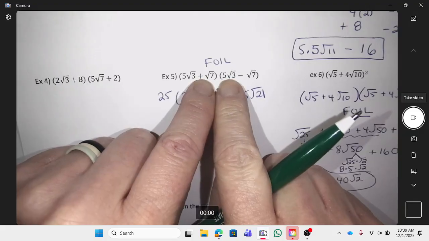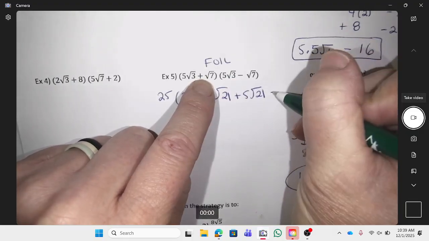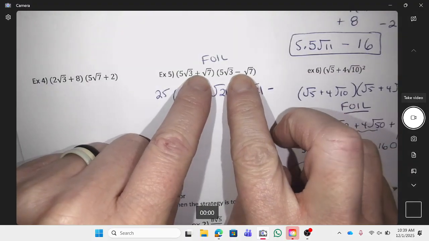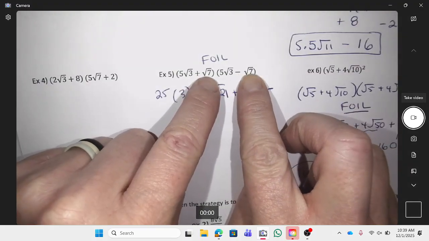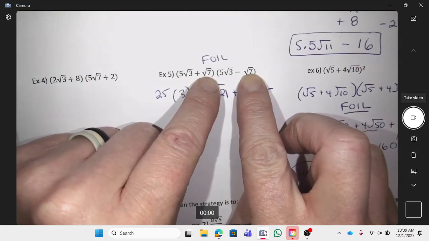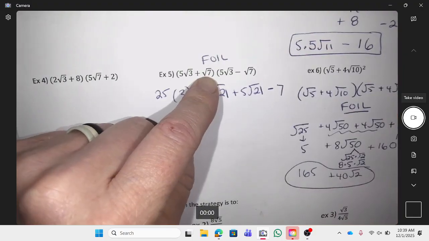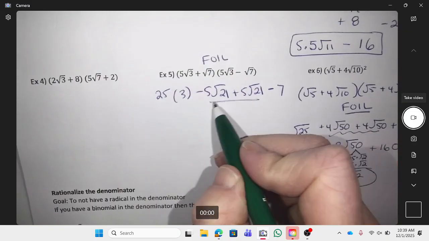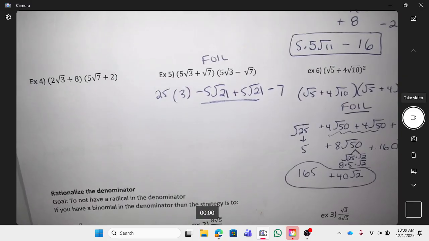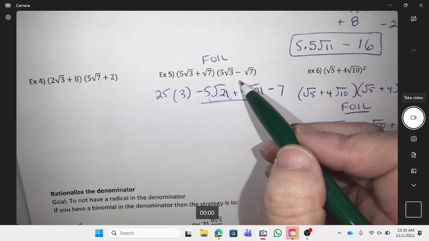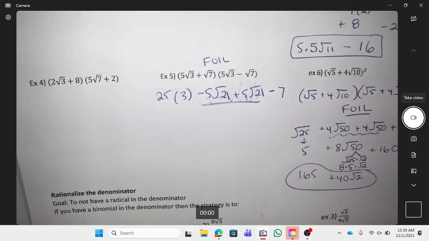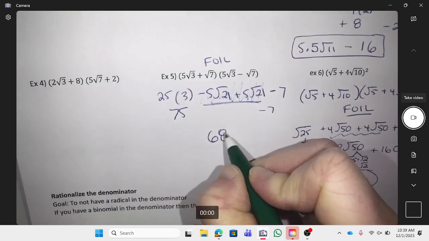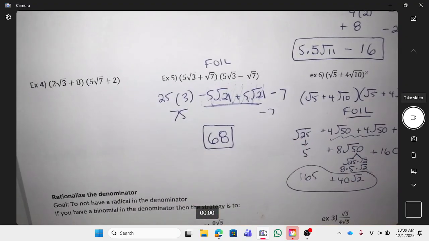Insides are positive 5 root 21. And then last, I have subtract root 7 times root 7 is root 49, or just perfect 7. Hey, what happens to minus 5 root 21 and positive 5 root 21? They're gone. So this is 75 subtract 7, which is 68, would be the final answer there.